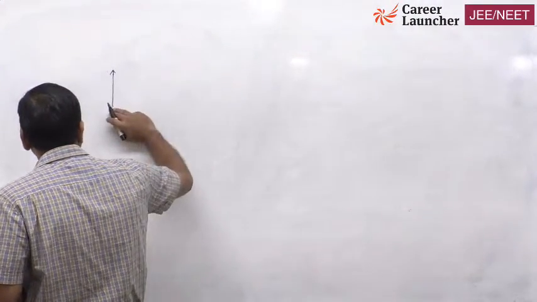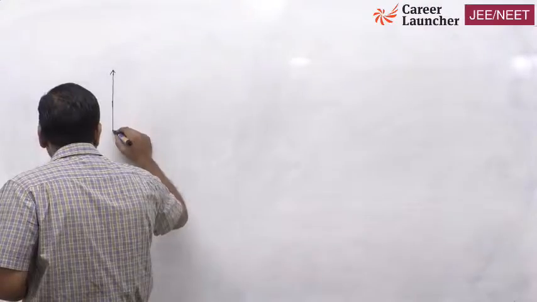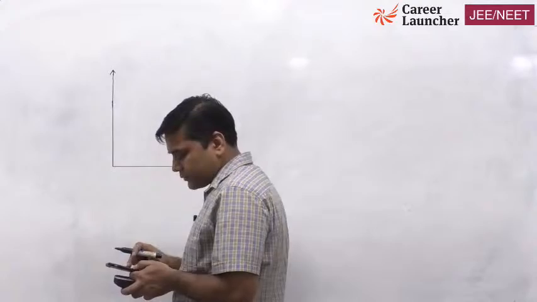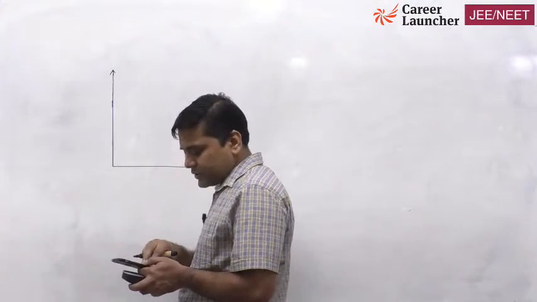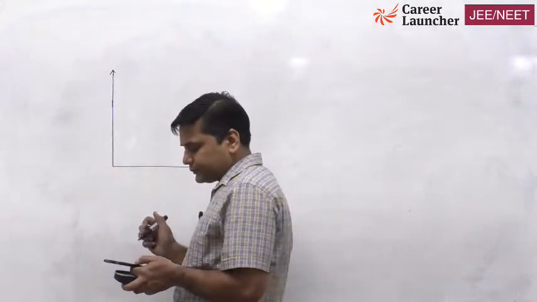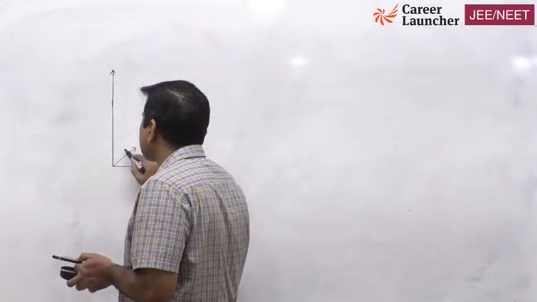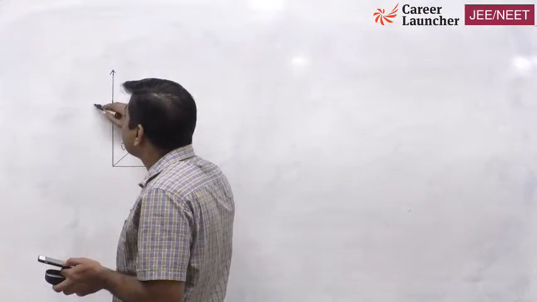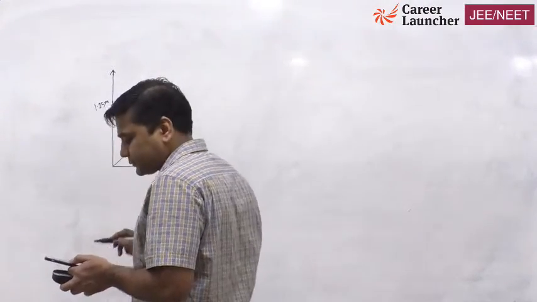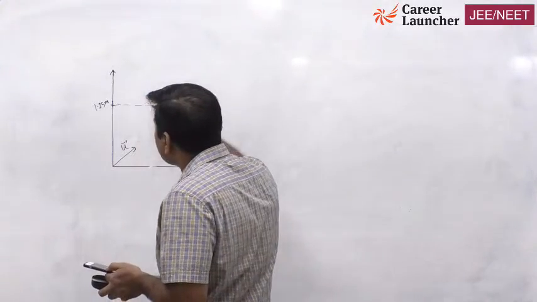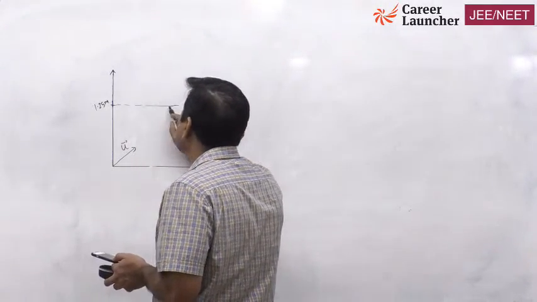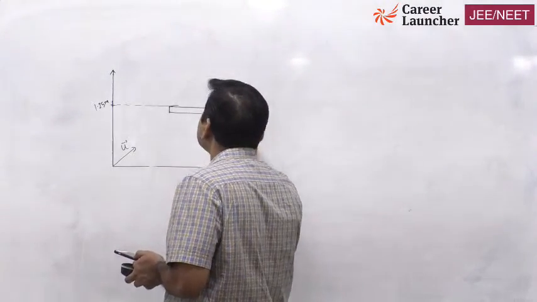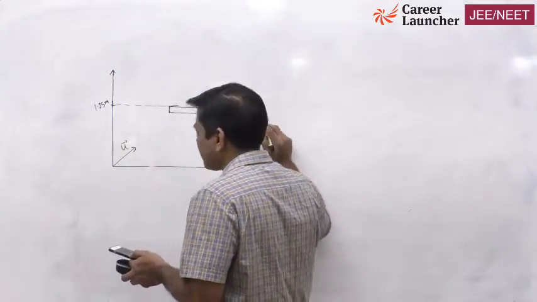It is one of the best questions of projectile motion till now. And through this question, I will add theory, so you must try. So this is a plank or table which is at 1.245 meters.